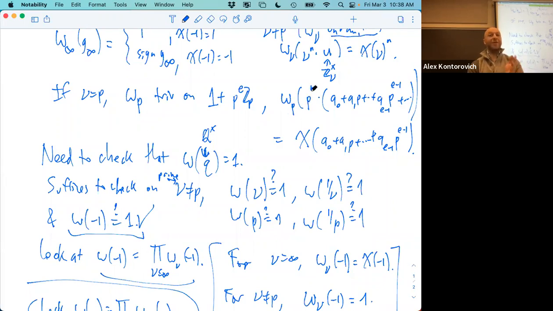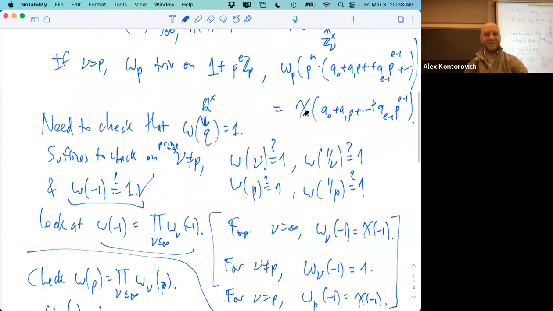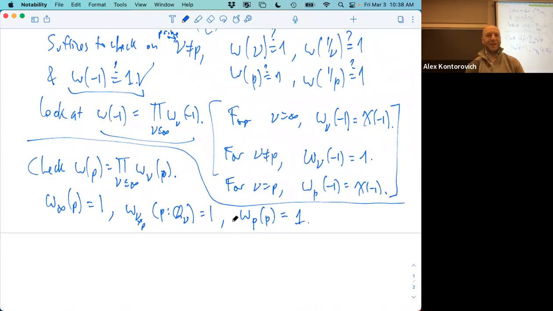We want omega_P of P, and all of this is 1, so it's 1 on 1. And then what do we do for omega of P? This is just chi of 1, which is 1. We don't do anything with the shifts of the prime P. So at the ramified place, they're all just equal to 1.